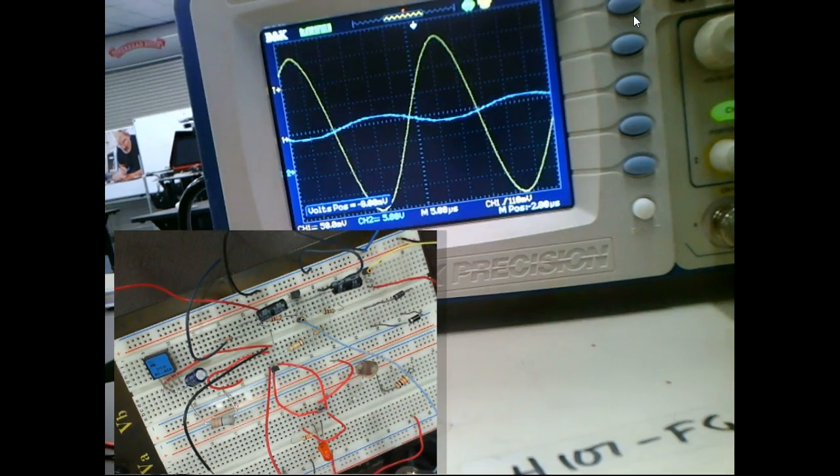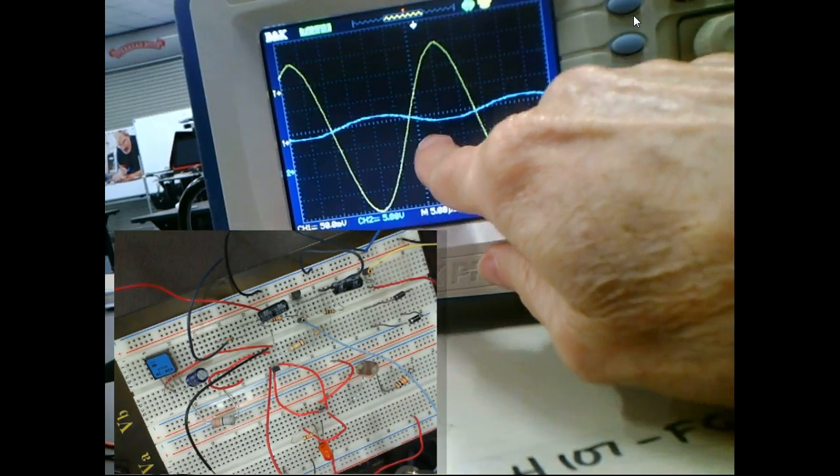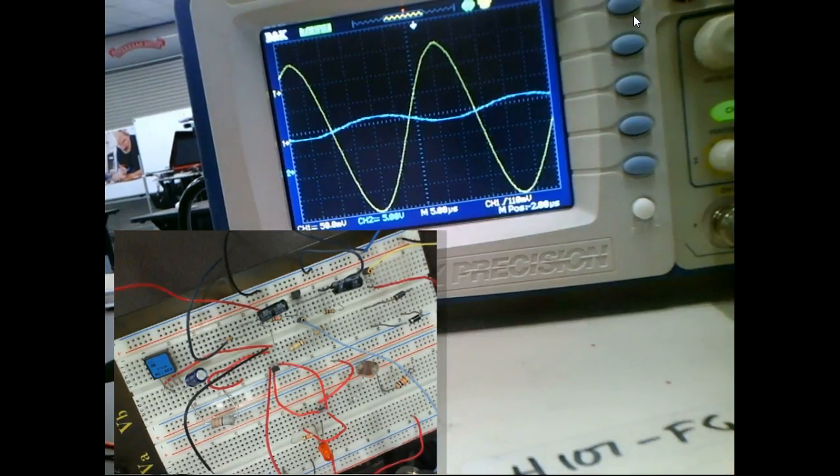And let's adjust this so it's going to be equal, so we can measure it pretty easy. Okay, that's good. So what's my input signal? I got it on 50 millivolts per division. Can y'all see my divisions? 1, 2, 3, 4, 5, 6, 7 divisions.